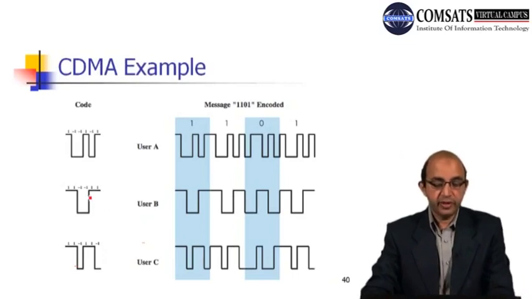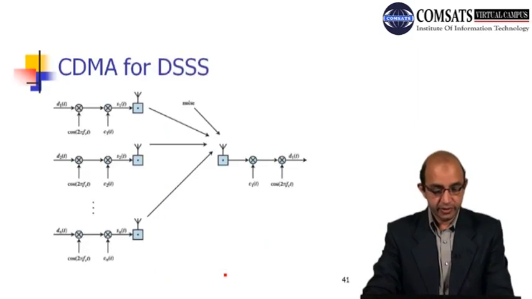Here we have the CDMA example. This is the code for user A, and we have to encode this message, which is 1101. Then user B, and this is the encoded message, and then user C, and this is the code and encoded message.